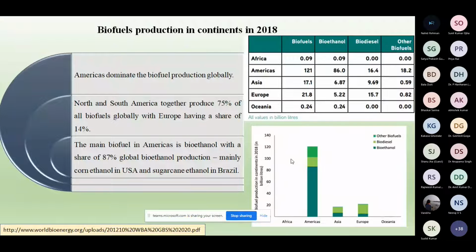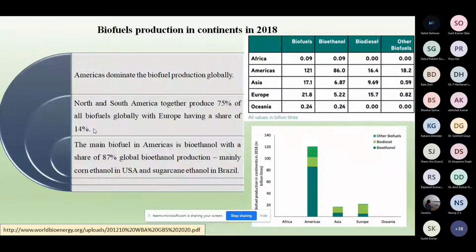So now you again see that America is dominating biofuel production globally, because North and South America together produce 75% of the biofuels globally, with Europe having just a share of 14%.